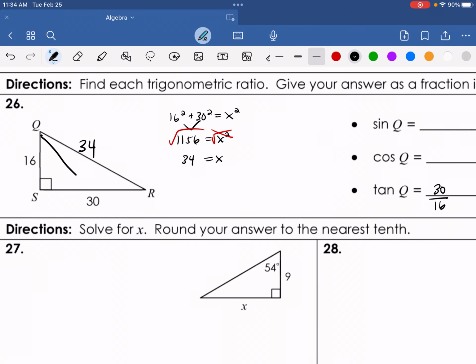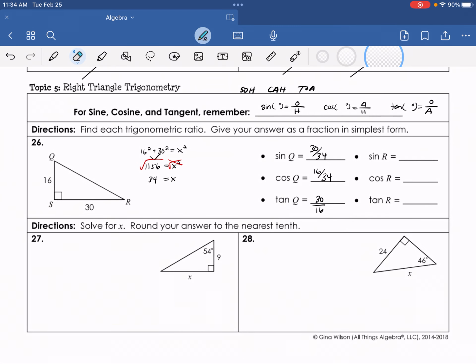Now I can do sine Q. If I'm at Q, it's opposite and hypotenuse, so it's 30 over 34. If it says cosine Q, cosine Q is adjacent. What's next to Q? 16, and hypotenuse 34. So it's 16 over 34. And now you're doing the same problem, but starting from a different corner.